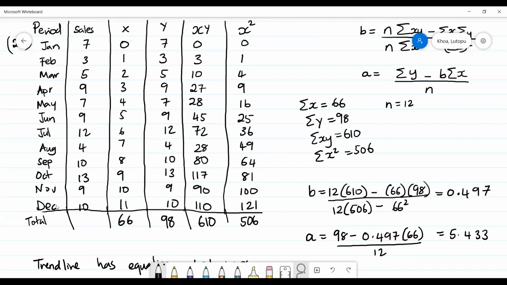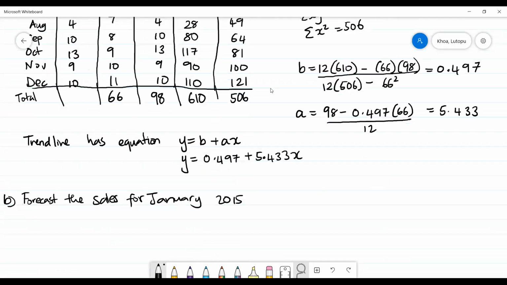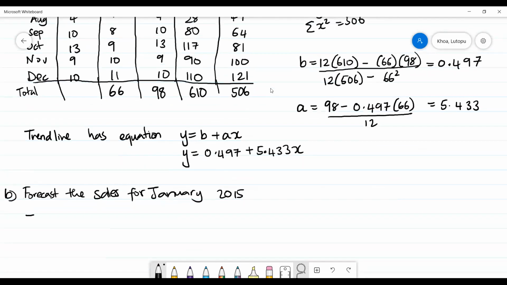If December 2014 is 11, then January 2015 has an X value of 12. Then we substitute this into our formula, and that will give us an estimate for the sales that we expect in January of 2015.